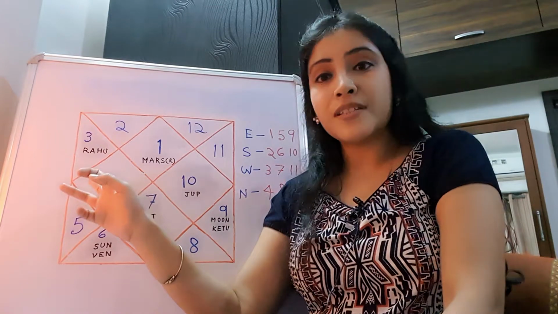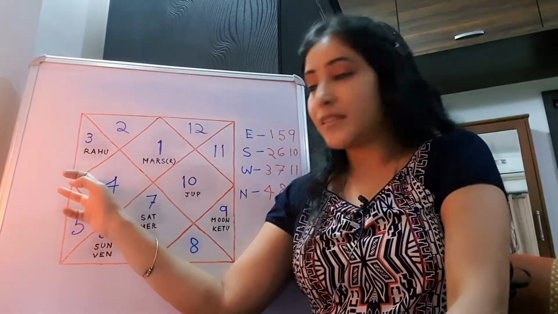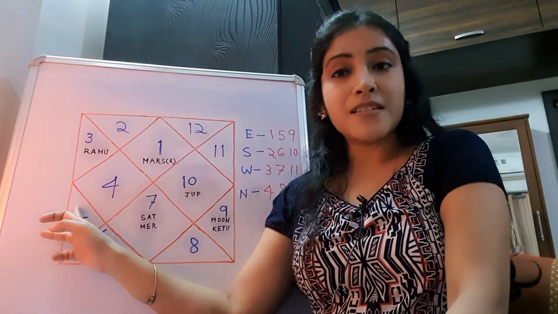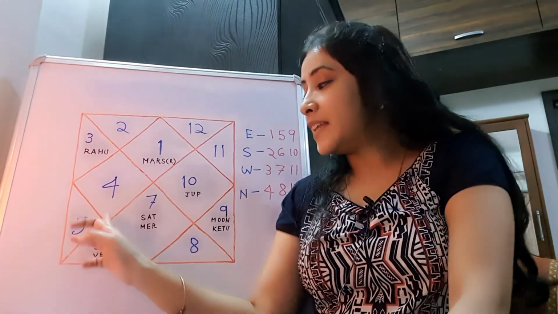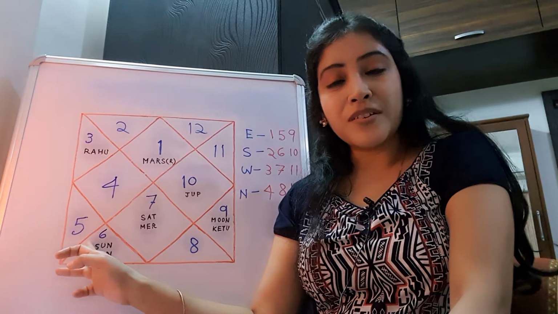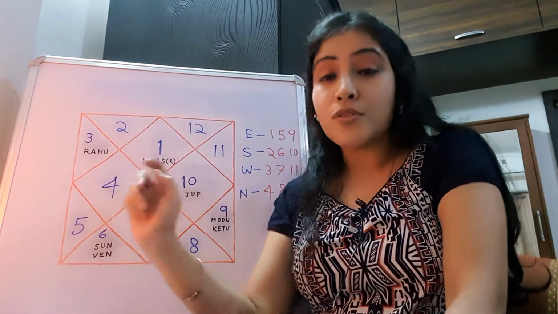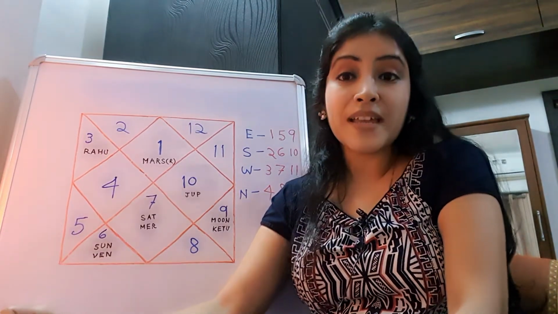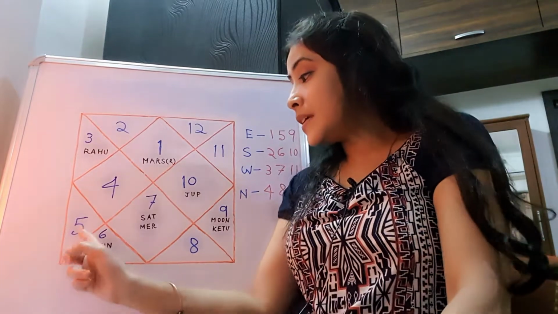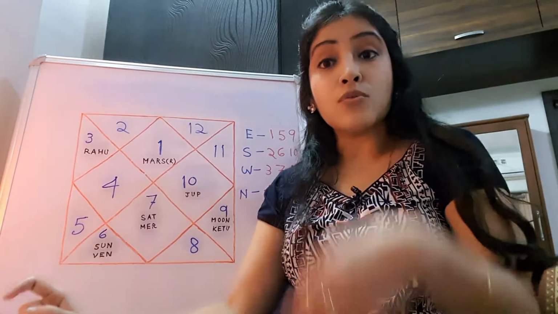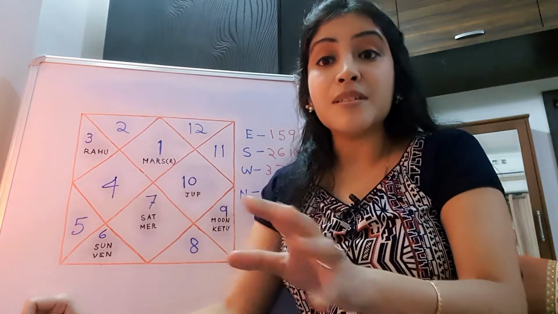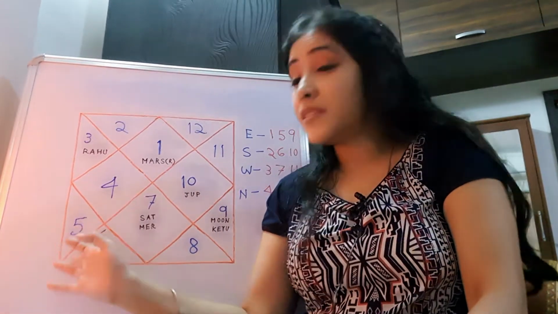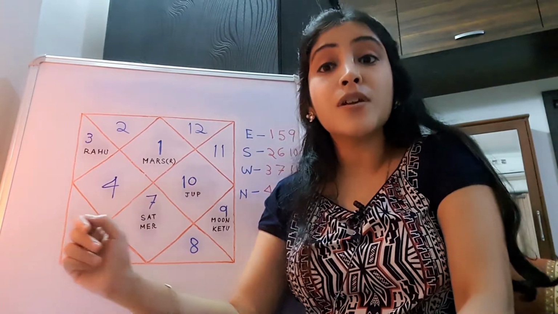Now let us move further. 7 years Cancer, 8 years Leo, and when the native is around 9 years, Jupiter will reach Virgo. Now this is also not good for Jupiter. Why, can you tell me? Because you see, in this house Sun and Venus are enemies, and Venus is also debilitated in Virgo.